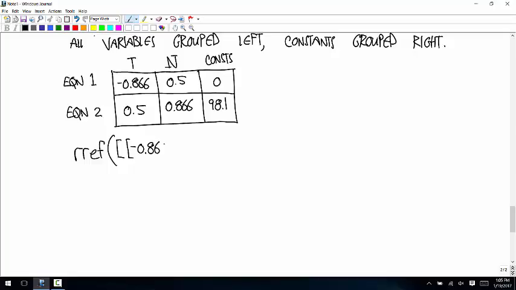Negative 0.866, comma 0.5, comma 0. Close square bracket, open a new one. 0.5, comma 0.866, comma 98.1. Close square bracket for the second row, and close square bracket for the whole thing. And if you type that in, you'll get an answer.